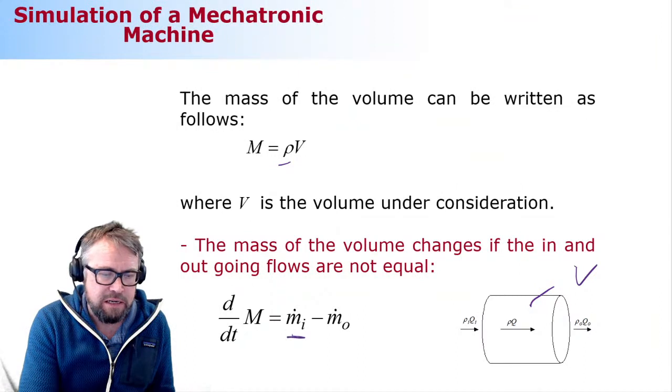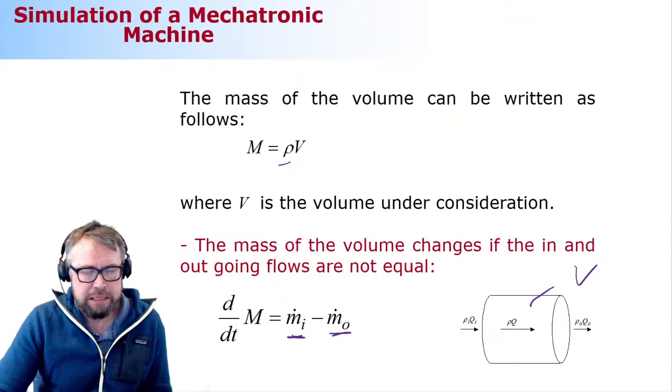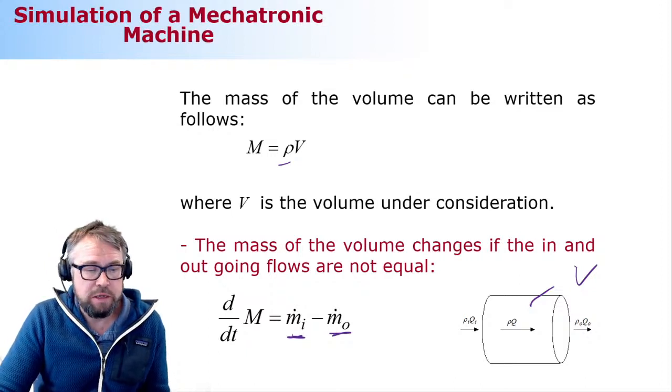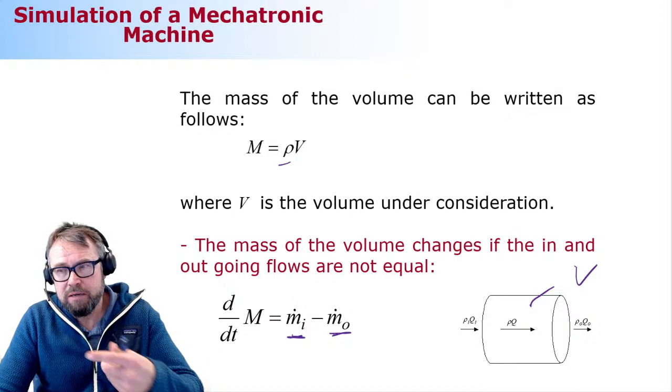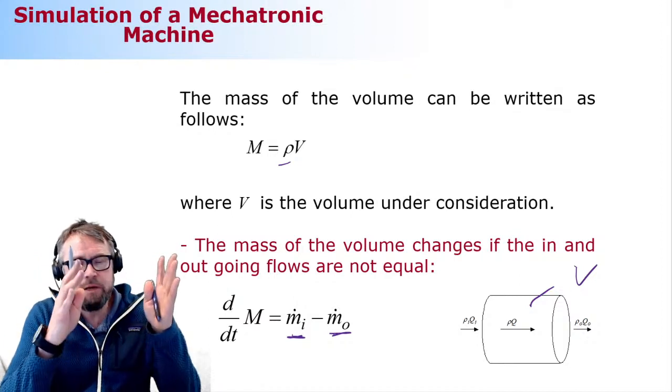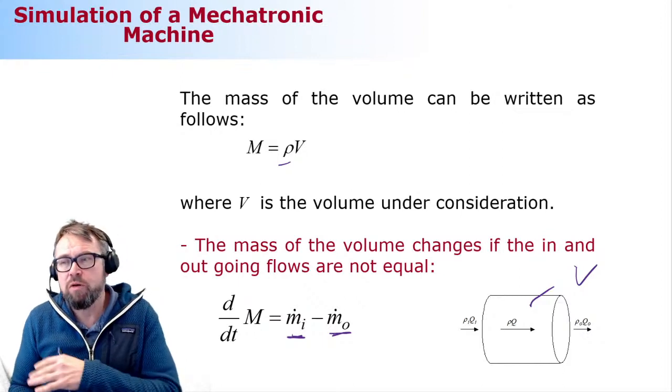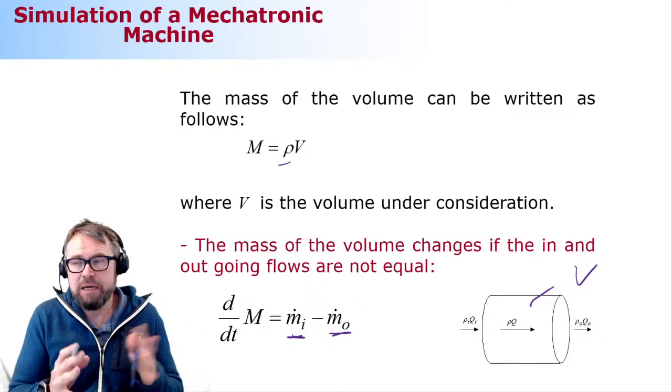So if this does not have an equal amount of mass flow coming in and leaving, then there's going to be a difference in the mass. If there's more material coming in, the mass gets bigger. Or if there's more leaving than coming in, mass is decreasing.